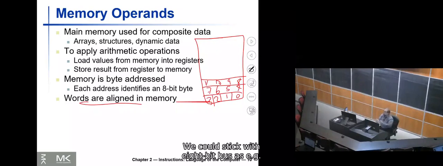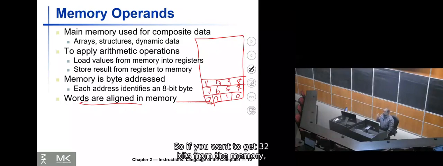We could stick with an 8-bit bus, as for example, the 8085 processor in 1982. In 1982, the 8085 processor had 8 bits of data. The registers were 8 bits. But MIPS is 32 bits. We want to be able to get 32 bits from the memory.